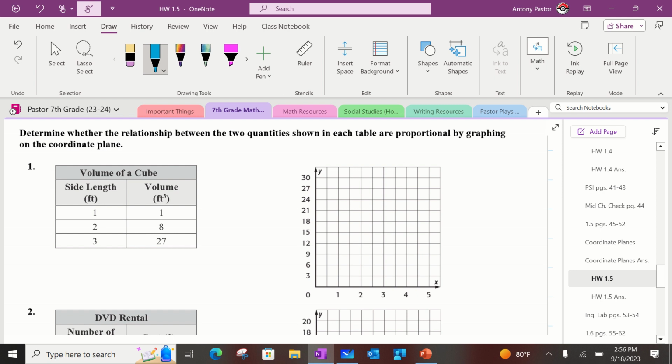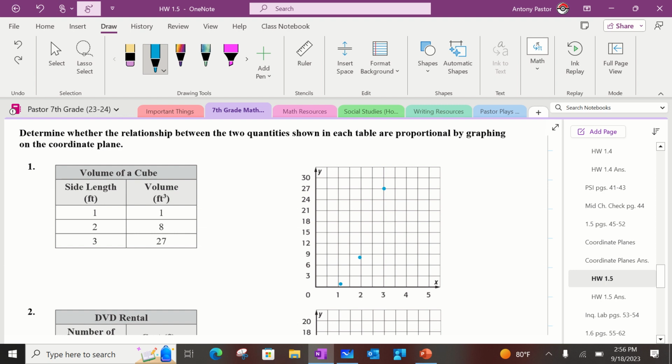So 1 to 1. And that would be somewhere right here because there is no 1 here. 2 to 8 would be somewhere around here. 3 to 27 would be up here. Notice not going to be a straight line. There's no way. If I draw a straight line through here, I'm not meeting that 3.